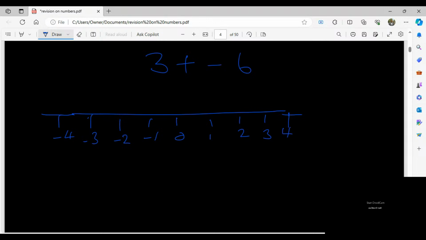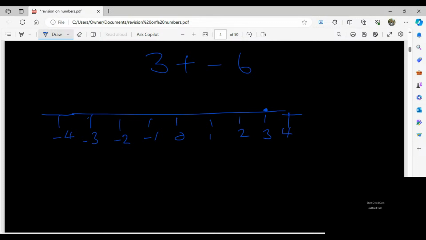So we're starting here at +3. So if we're adding a negative number, it means that we're going to move how many places? 6 places to the left, because this sign here tells us that the 6, then we're adding 6 places going to the left. Like we said that when numbers have got a negative sign, it means that they are getting more negative as they will be moving to the left.